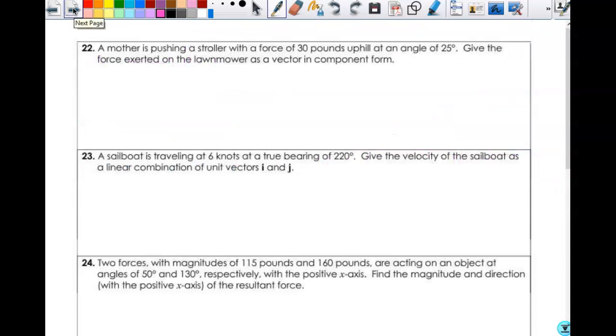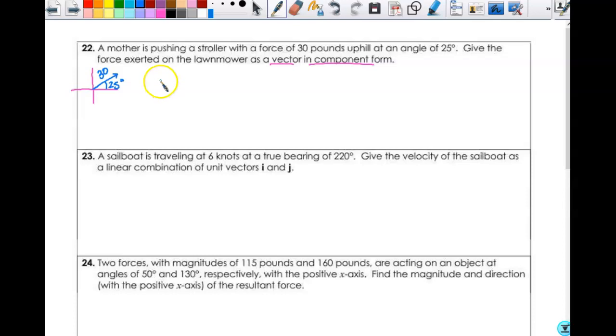All right, 22. Mother is pushing a stroller with a force of 30 pounds uphill at an angle of 25 degrees. Give the force exerted on the lawnmower as a vector in component form. Okay, so she is pushing a stroller uphill. Here's my vector, angle of 25 degrees, force of 30 pounds.